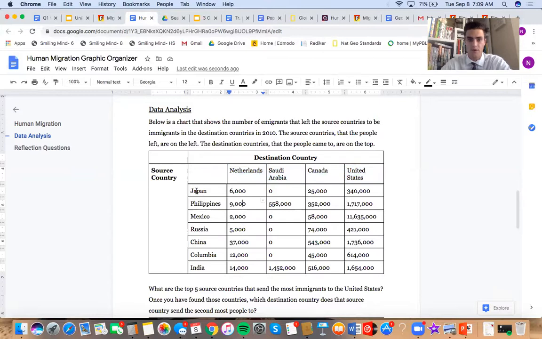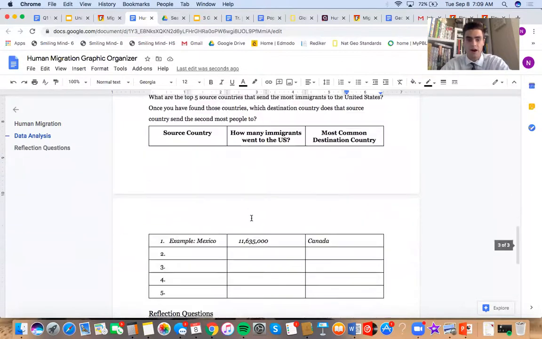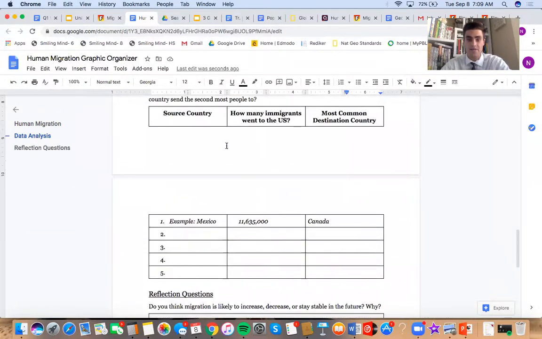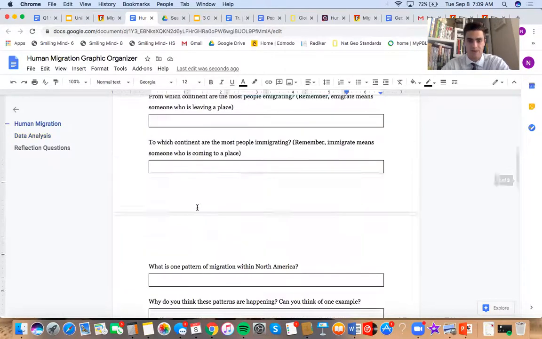So for example, in Japan, 6,000 people left Japan in 2010, and those 6,000 people went to the Netherlands. But there were also 25,000 people who left Japan who ended up in Canada, right? There's also 340,000 people who left Japan, who ended up in the United States. Get it? So you will then move on and fill out the rest of this chart right here and answer the reflection questions. Okay?